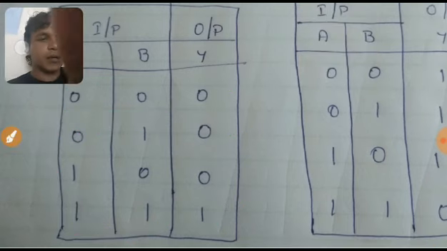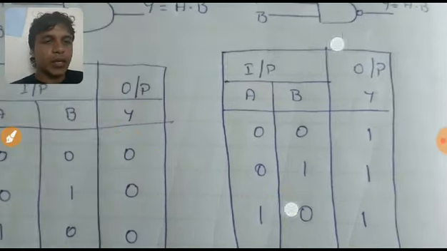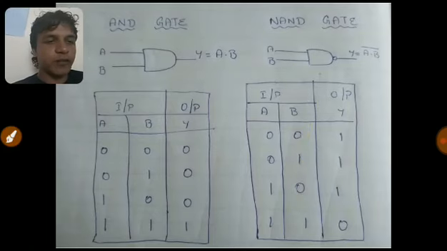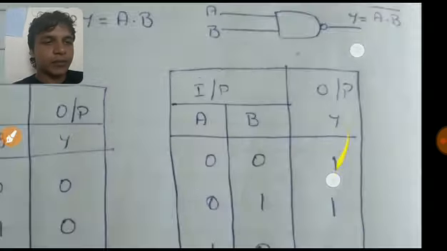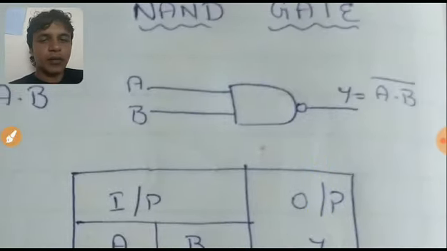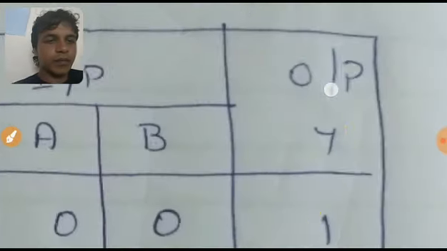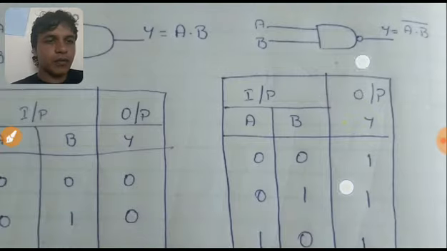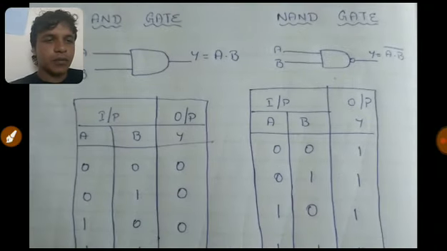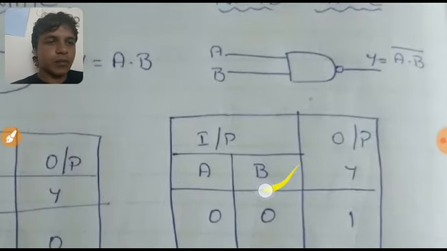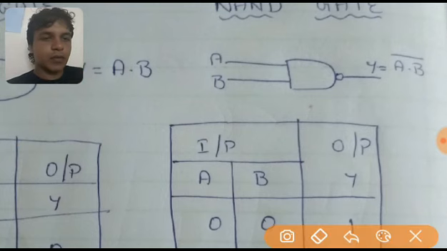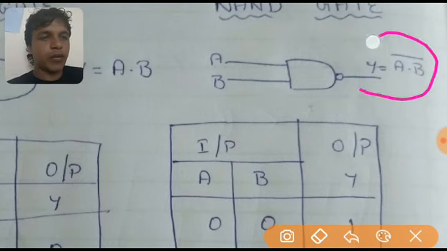Now let us come to the NAND gate. The NAND gate is the reverse operation of the AND gate. This is the symbol of the NAND gate and the expression is A dot B the whole bar.